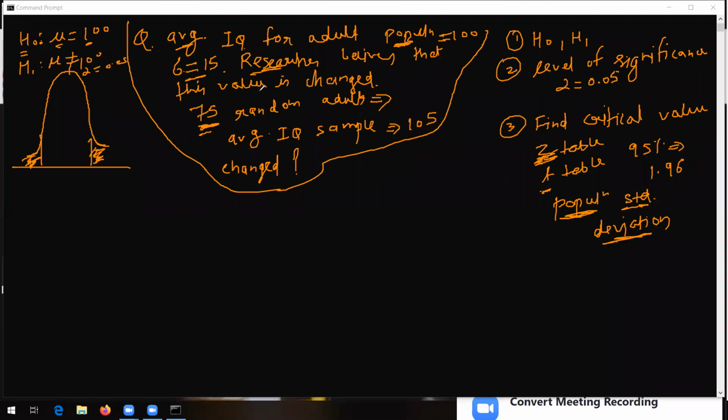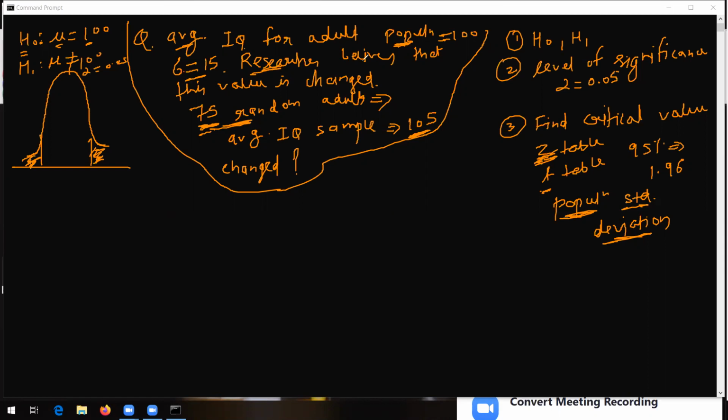That's why he has decided to test the IQ of 75 random adults. And the average IQ of these 75 random adults, the sample, he found out is 105. Now the question is: is there enough evidence to suggest the average IQ has changed or not? That's what we are trying to get with the help of this hypothesis test.